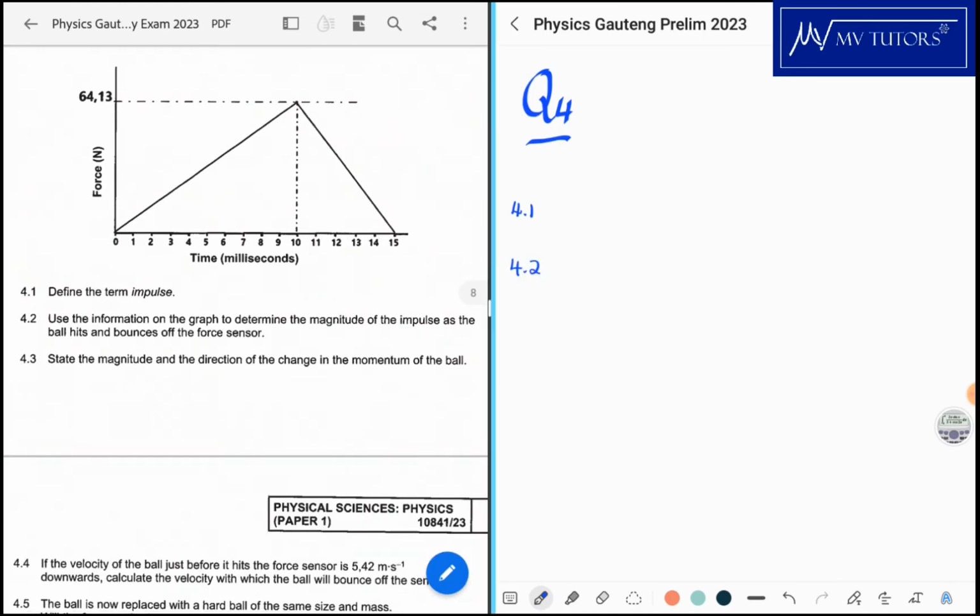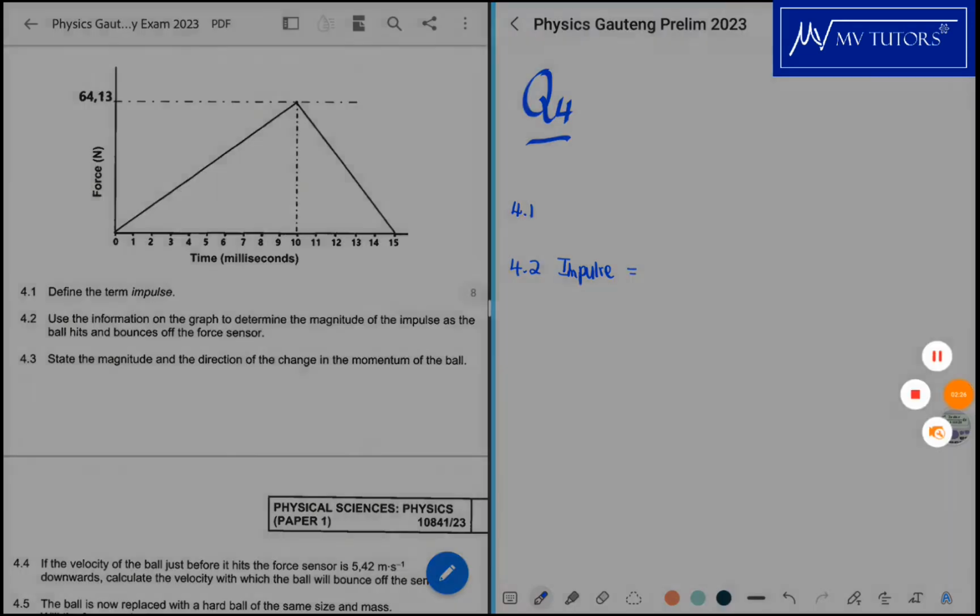It says, use the information on the graph to determine the magnitude of the impulse as the ball hits and bounces off the sensor. So we're basically going to get the area underneath the graph, like I said previously. Impulse is equal to the area under the graph.